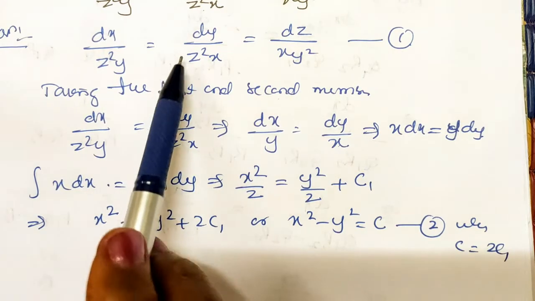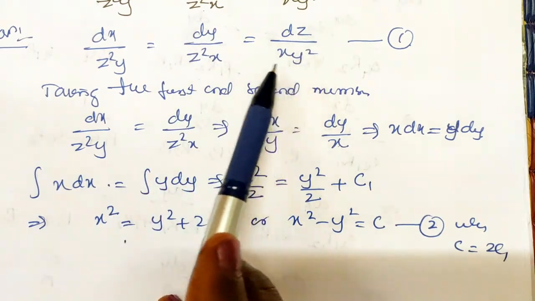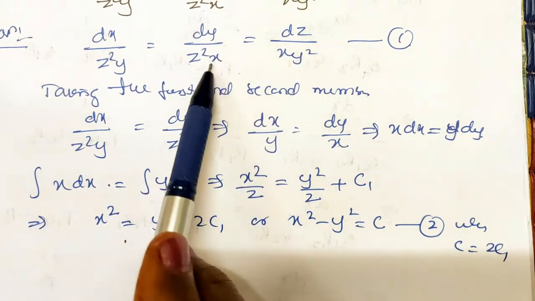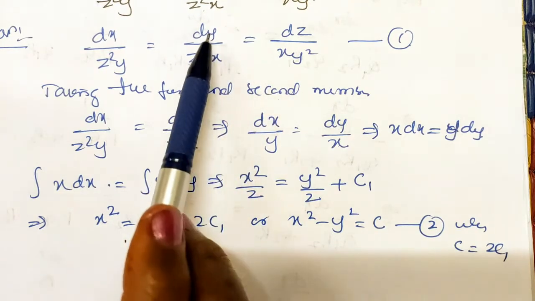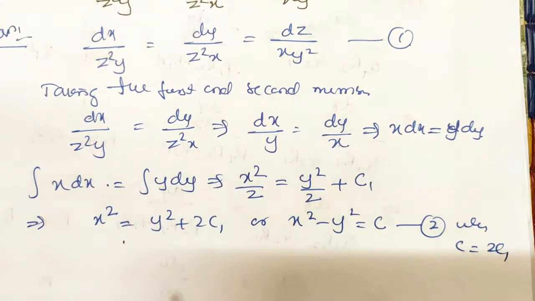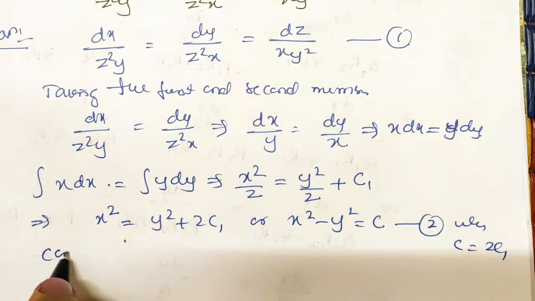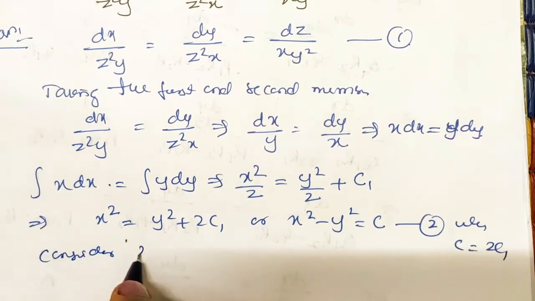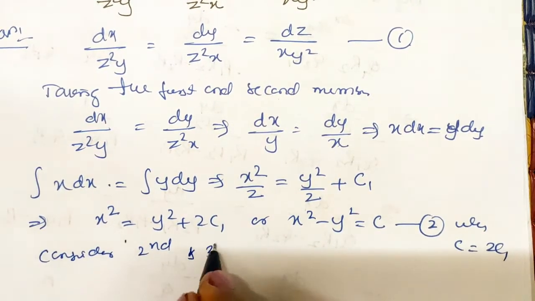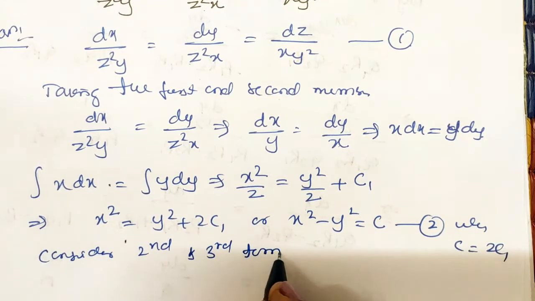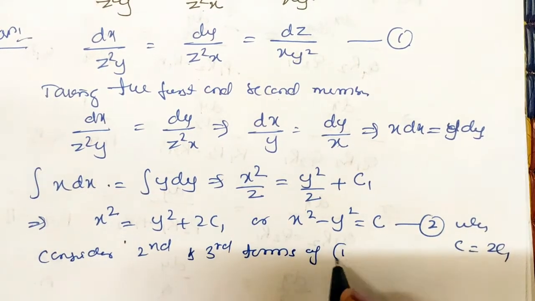Next, if you take these two terms together then it will become easy, because x will get cancelled. So we have only the variables y and z. Next we consider the second and third terms of equation 1.